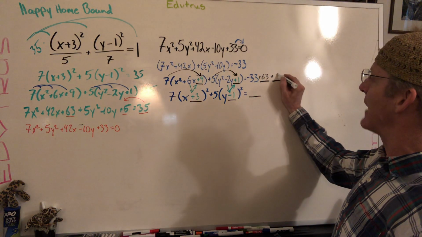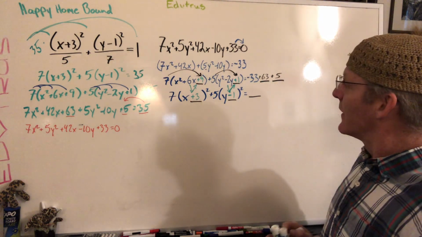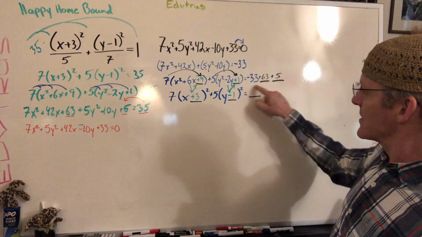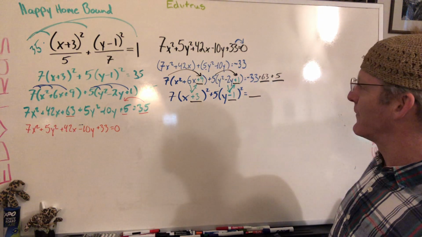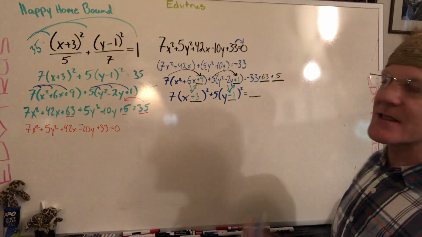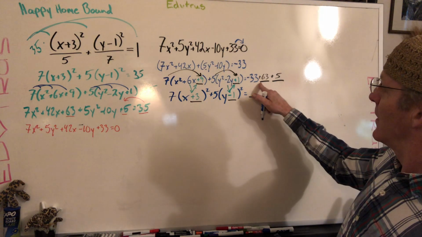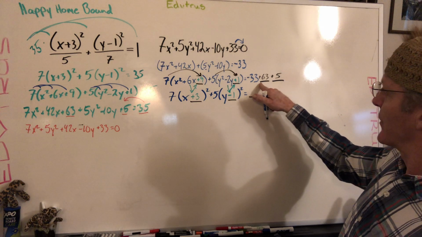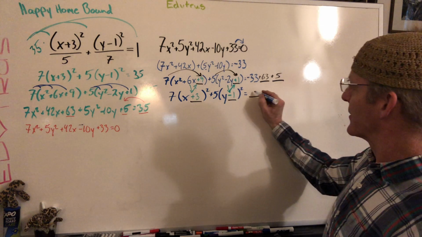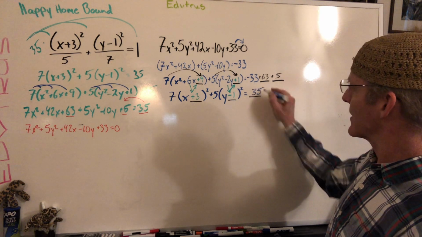So I'm going to add 5 there. Last thing we got to do is combine those three numbers together right there. So negative 33 plus 63 would be 30, right? And then 30 plus 5, 35, like so.